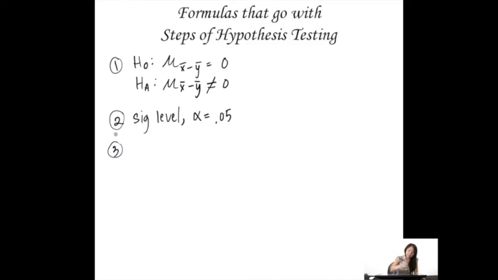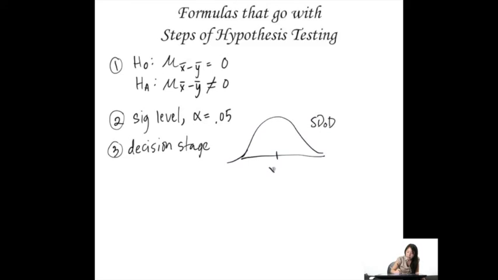Number 3, we need to set that decision stage. And it's helpful to draw the SDOD, right? And it's helpful to have our hypothesized population here. So mu sub x bar minus y bar, right, equals 0.